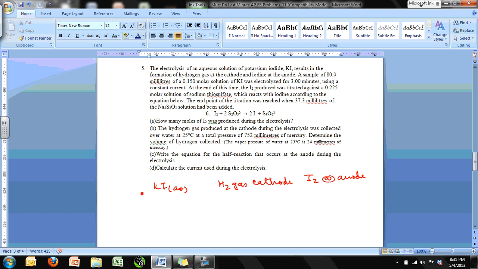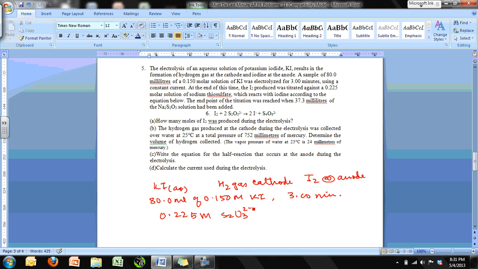And then it says a sample of 80 milliliters of 0.150 molar KI was electrolyzed for 3 minutes using a constant current. They don't tell you how much current they passed. At the end of this time, the iodine produced was titrated against 0.225 molar sodium thiosulfate.